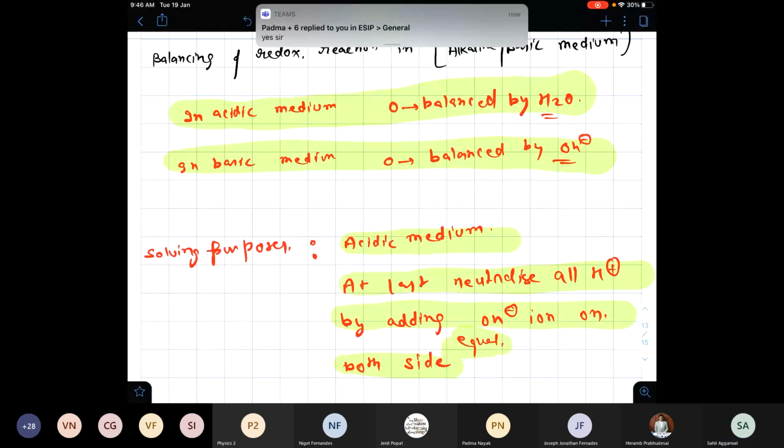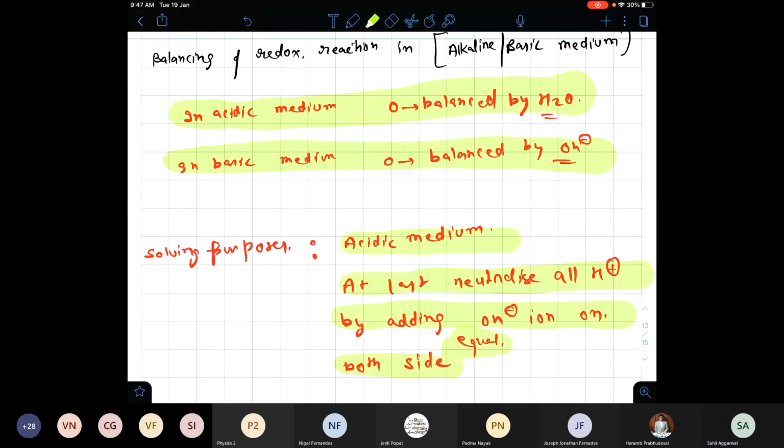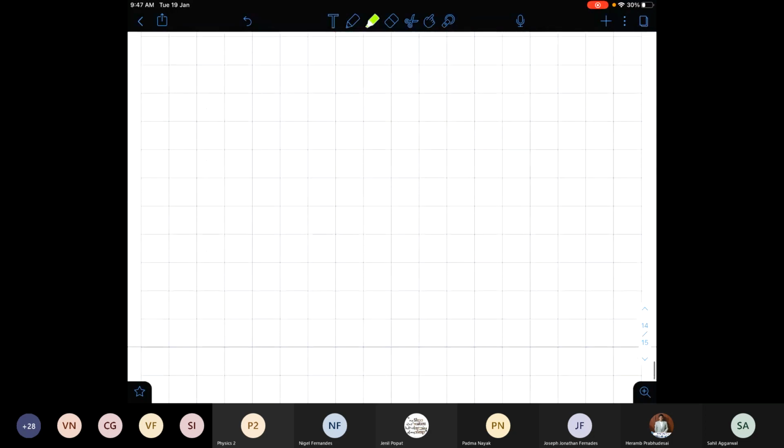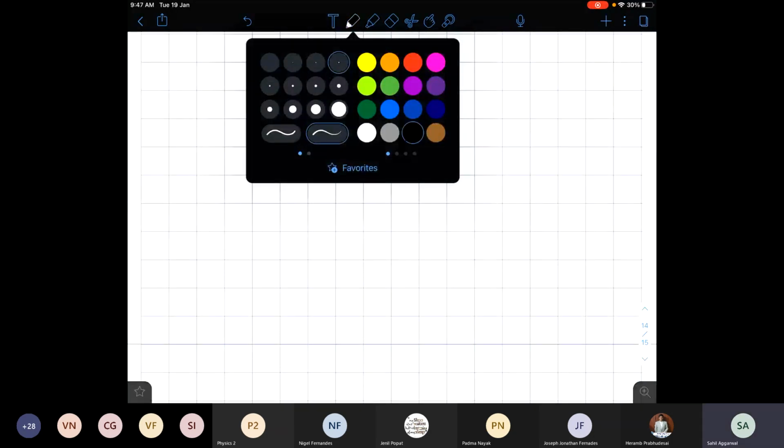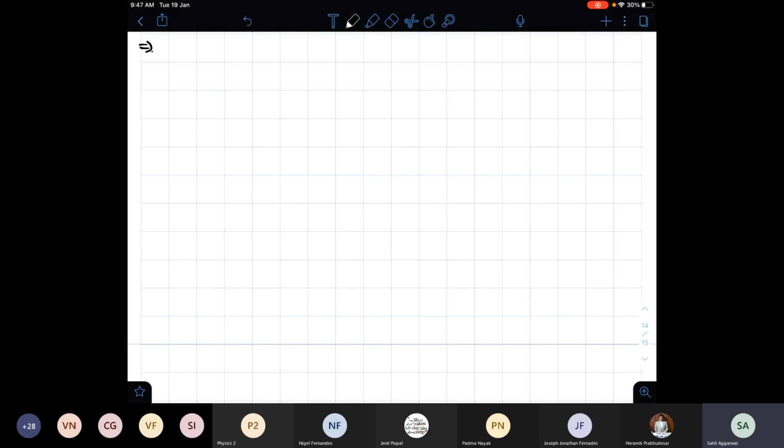Understood this thing? Let us try one. Let it be in basic medium. What we'll do, we will balance it in acidic medium only first.